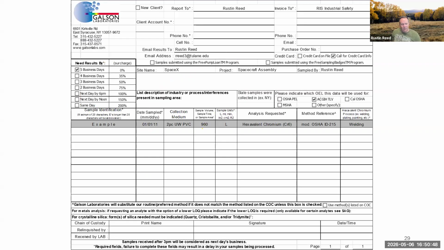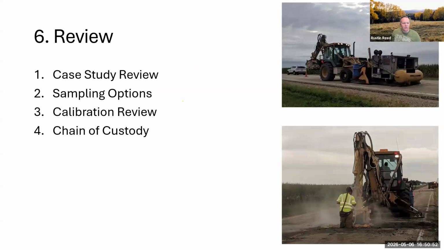I'm running over time, so quick review. We reviewed our case study of the Dow drillers. We looked at how NIOSH did this. They used 7,500, but they used the GK 2.69 cyclones. We looked at some different sampling options. You can use a cyclone. There are pros and cons to each of these, and then the PPIs, parallel particle impactors.